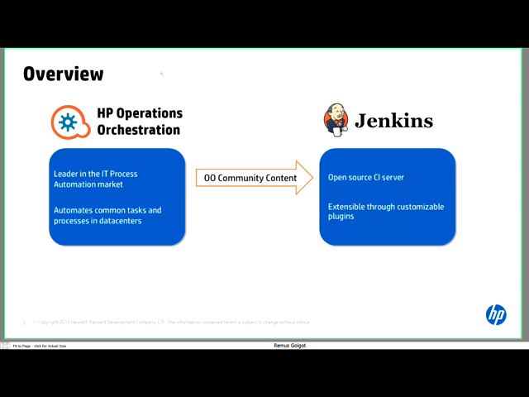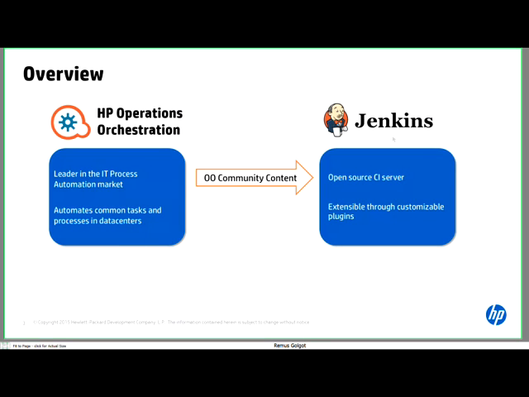But for the start, just to mention that there already is Operations Orchestration community content that integrates with the Jenkins continuous integration server, which means that there is a content pack that contains operations and flows that integrate with Jenkins. Some of them permit the user to start a job, get the job status, cancel a job, and so on.